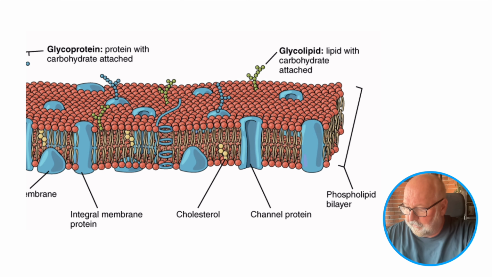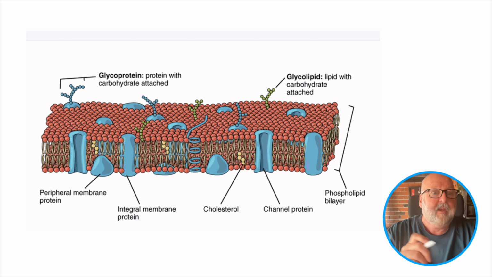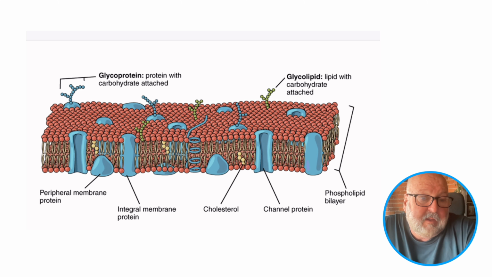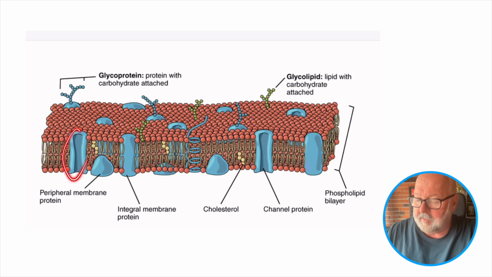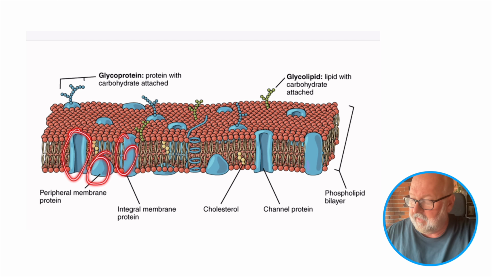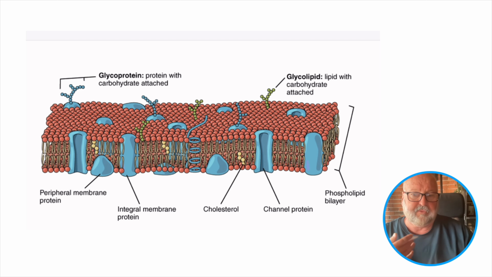Now, you also notice we have all these things that look blue. They're not actually blue in real life, but these are the things that are inserted in here. And we're really looking at largely things like proteins. So there's a whole number of proteins that we find associated with a cell membrane. Now let's start to give them some names.